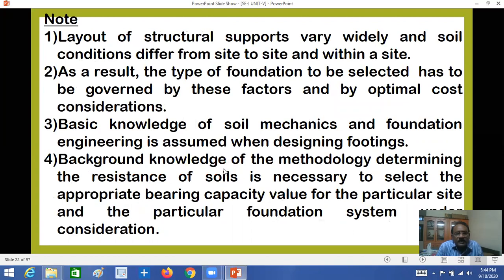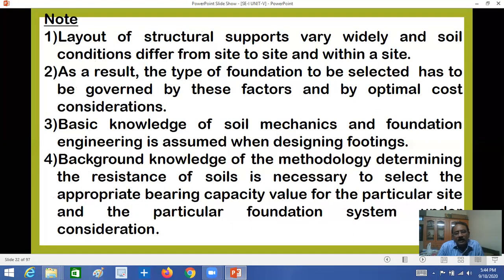Layout of the structural supports varies widely and soil conditions differ from site to site. As a result, the type of foundation to be selected is governed by these factors and optimal cost consideration. Basic knowledge of soil mechanics and foundation engineering is assumed in the design of footings.